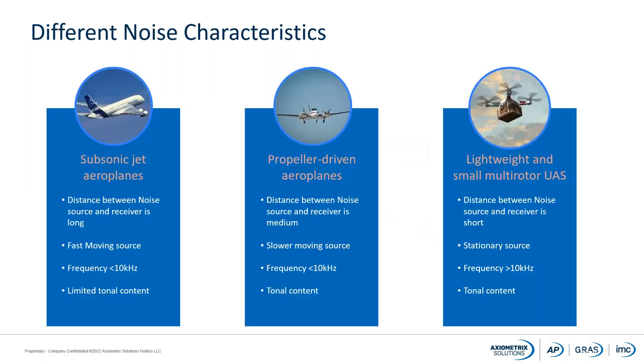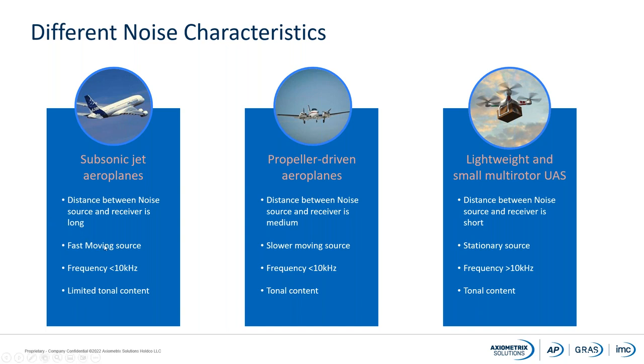So let's go through the different noise characteristics of the three most common noise sources around airports and helipads. If we take the subsonic jet airplanes, the distance between the noise source and the receiver is fairly long, because these airplanes operate in commercial airports, pretty far away from people living there.